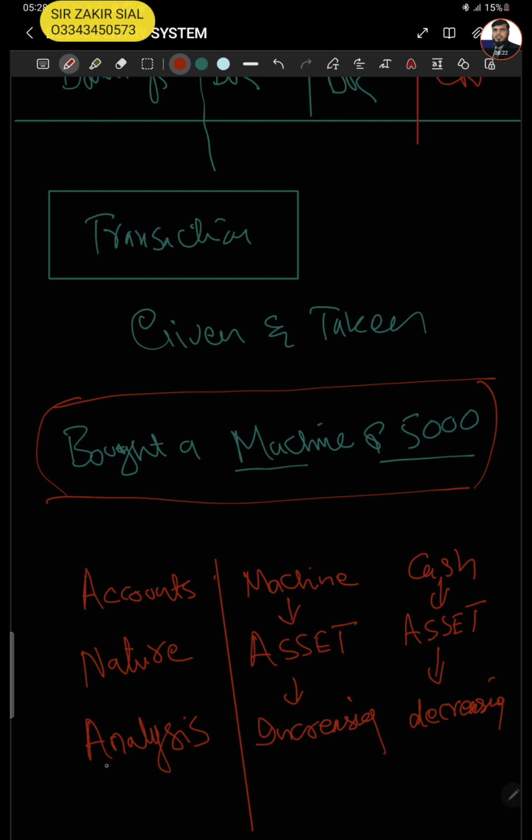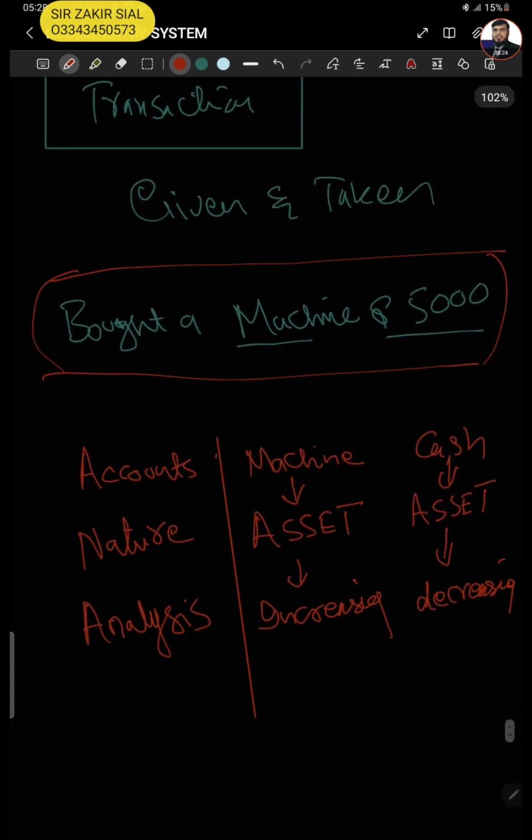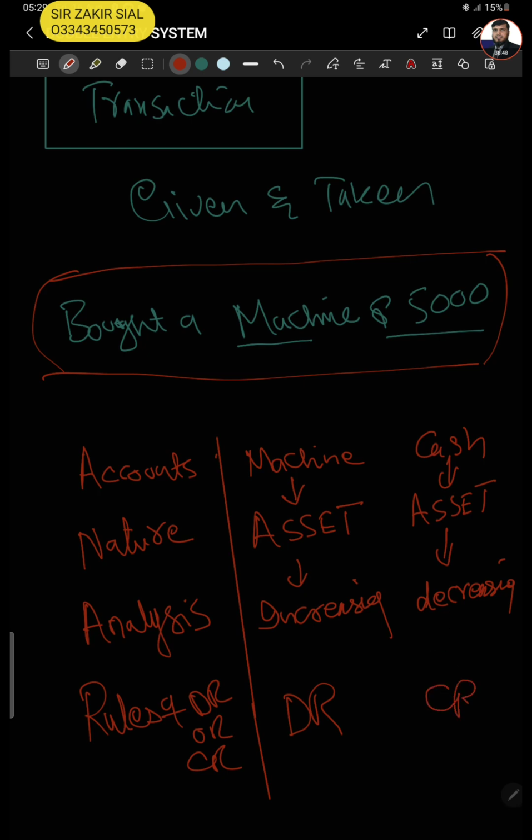On the basis of analysis, now we will apply the rules of debit and credit. As we know, when assets are increasing, we write on the debit side, and when assets are decreasing, we write on the credit side.